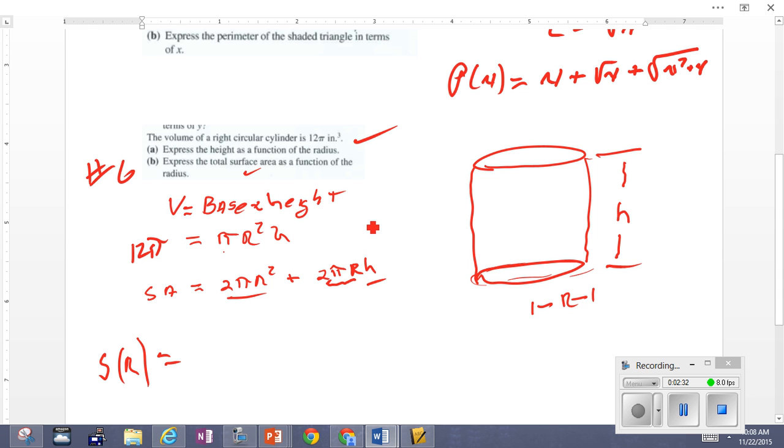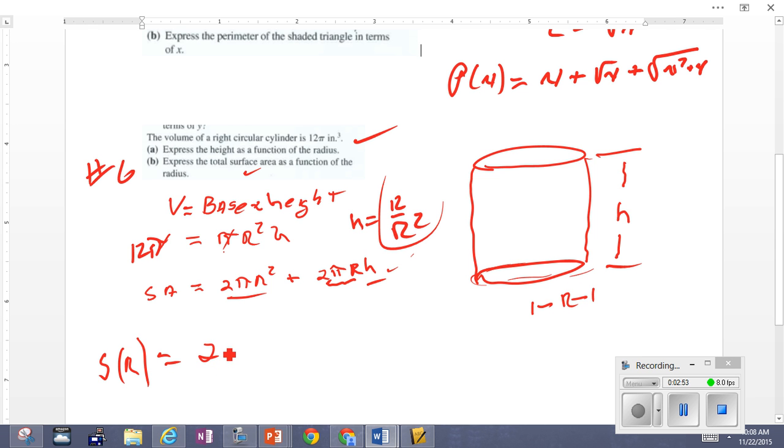And quite simply, the pi's are going to cancel out, and h is going to equal 12 over r squared, which we can now just substitute into here, and that gives us a surface area as a function of r.